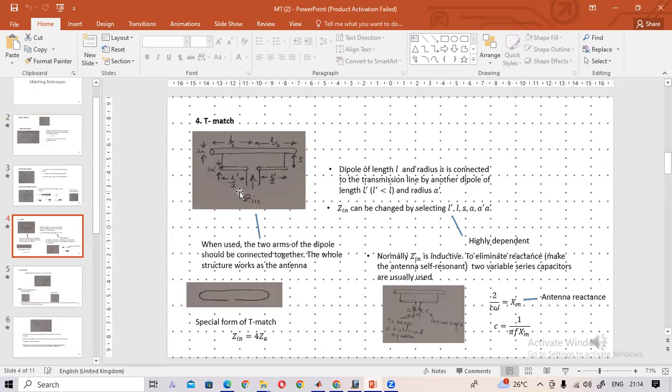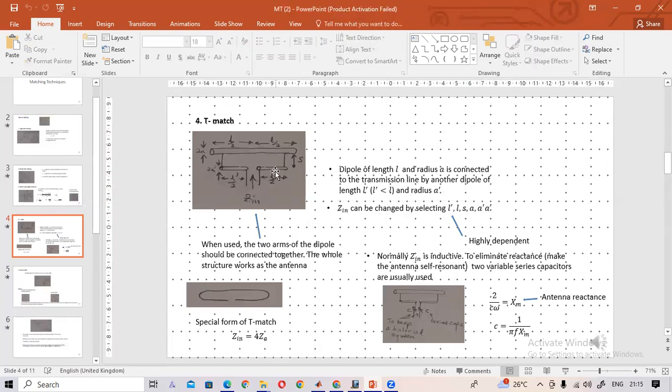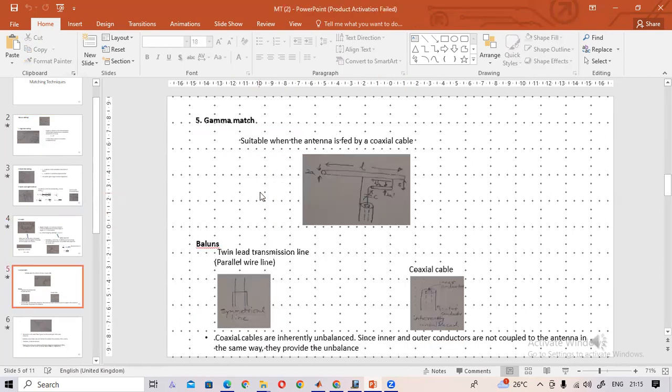The input impedance can be changed by changing these parameters: L dash, the gap between the antenna and this structure, which is S, and the radius of this structure. So you can change the ZT.